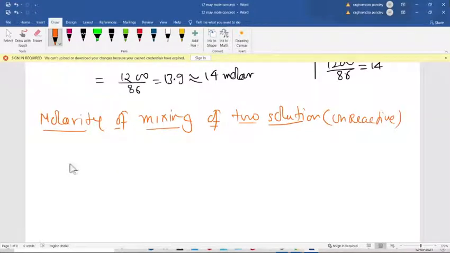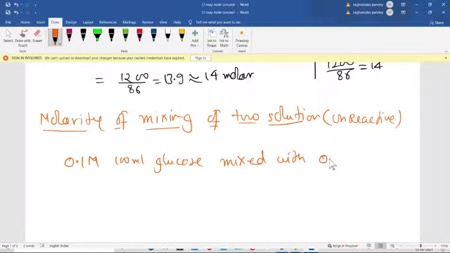Now let's do this. Suppose we take two solutions. We take, let's say, 0.1 molar 100 ml glucose, and it is mixed with 0.5 molar 25 ml glucose.